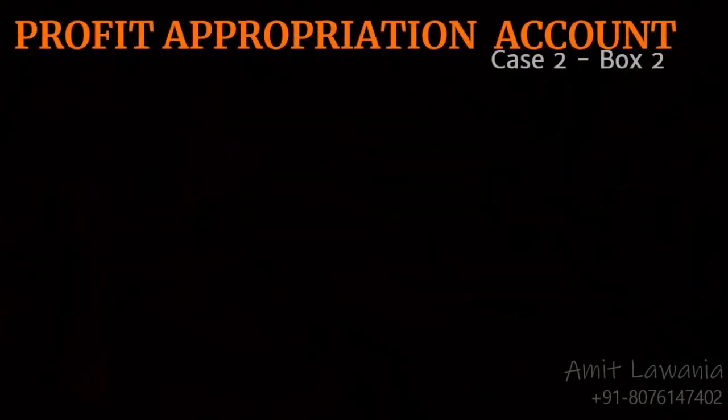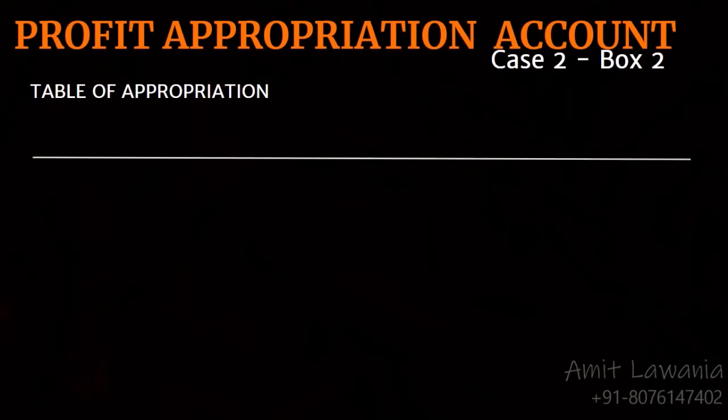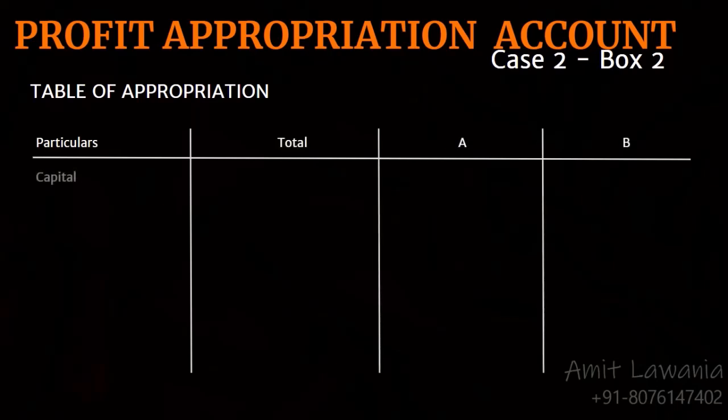Off to box 2. Then, to get our amount of total appropriations, start making the table just like the last time. Column 1 for particulars, column 2 for totals, column 3 and 4 for the two partners in this case.